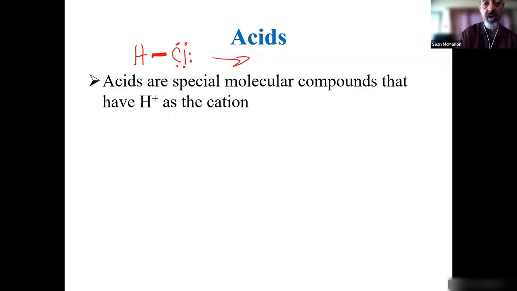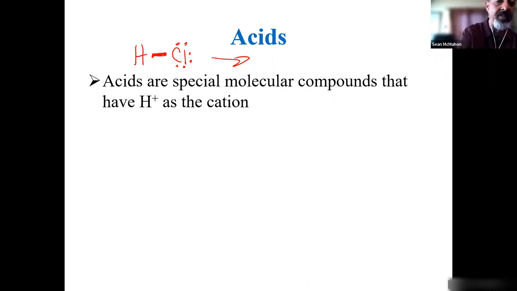When I throw this in water, chlorine gets mean. Chlorine's like, you know what? I am a non-metal. And I know you are too, hydrogen, but I'm way better at taking electrons than you. You only got 1 valence electron. I got 7. I want to get 8. I'm gonna take that from you.